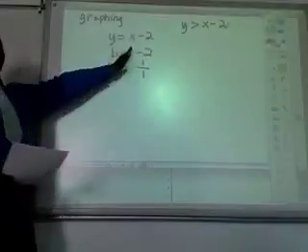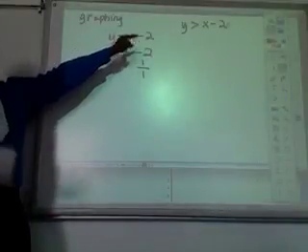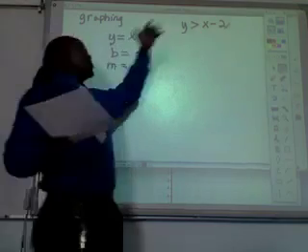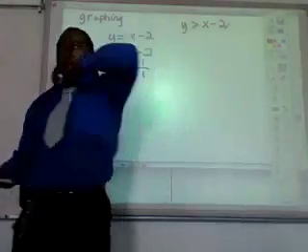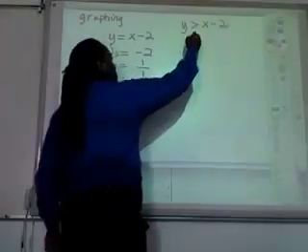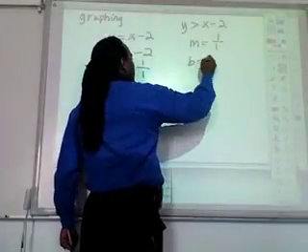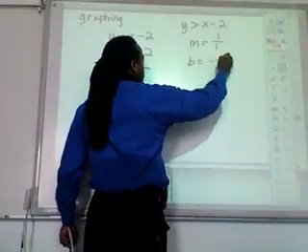Again, same format. It's still in what form here? Slope-intercept form. That's the form I need to make sure that it's written in. Again, my slope is going to be what here? 1 over 1. My start point, or my b, is negative 2.